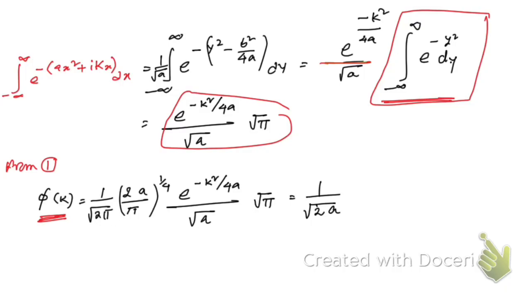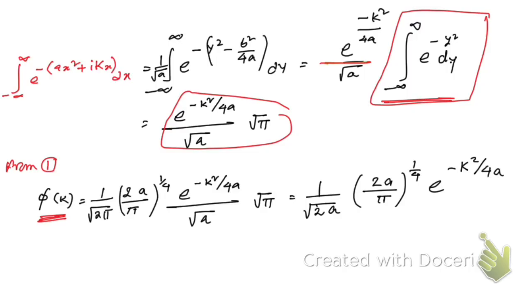So again twice a by pi whole to the power 1 by 4. Then e to the power minus k square by 4a, that's what we have got. So this is phi of k, right?